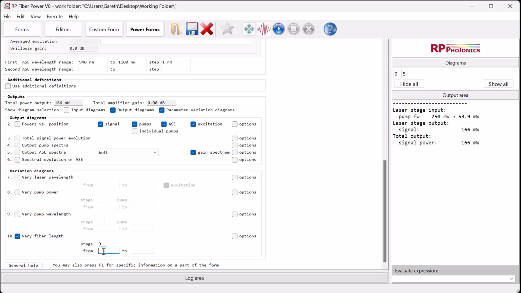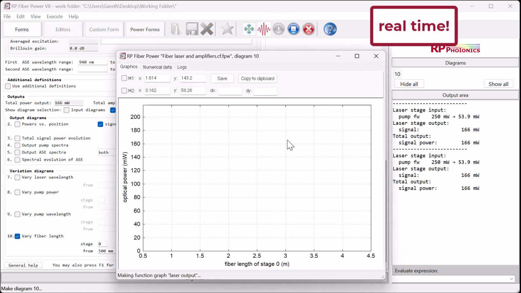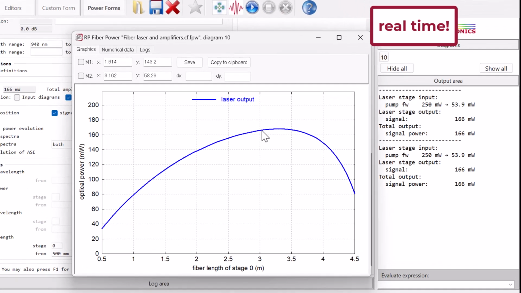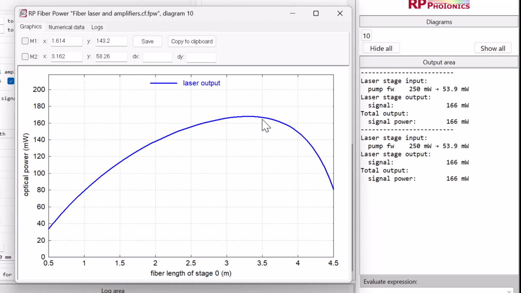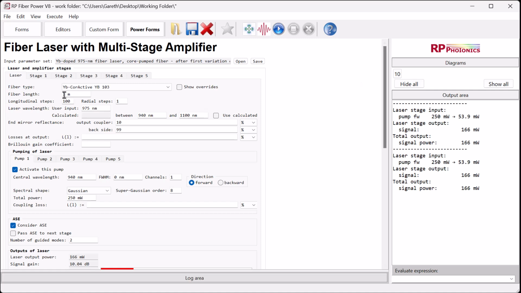We vary the length of stage 0, meaning the laser, from 0.5 meter to 4.5 meters. Interestingly, we see that the output power drops steeply after 3.5 meters. To understand this better, we set the laser stage to 4.5 meters and examine the outputs.